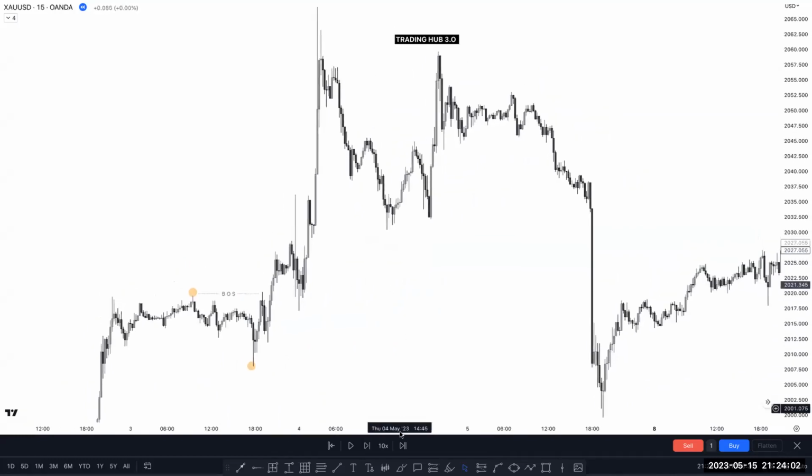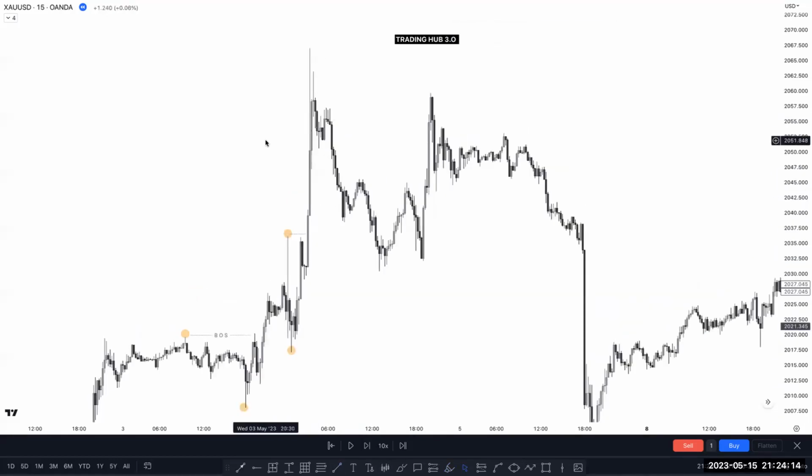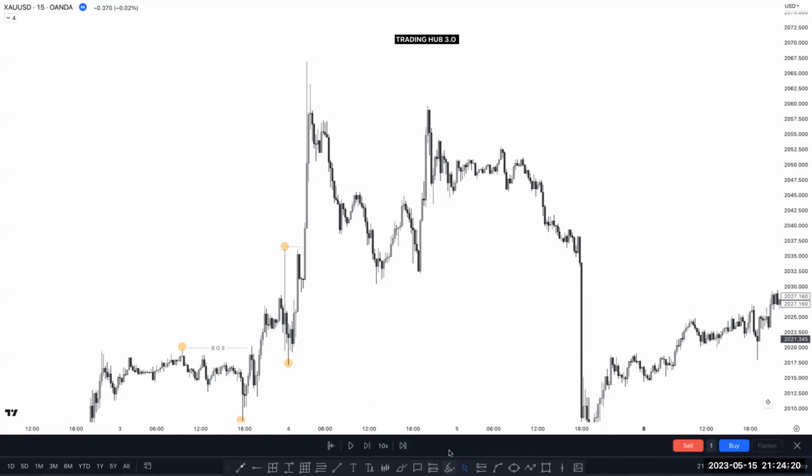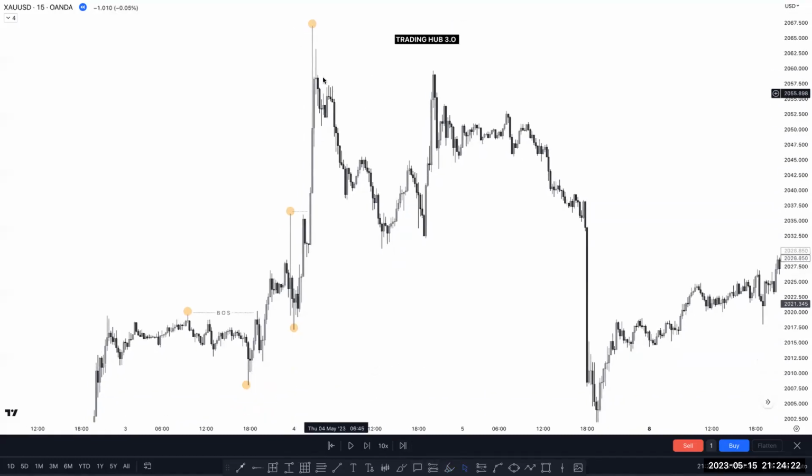You can trade here based on the liquidity sweep. Again, it continues going higher, creating a higher high, higher low, and breaks the structure here. Again, it pushes upside and creates a new higher high here. But in this case, there is no inducement.